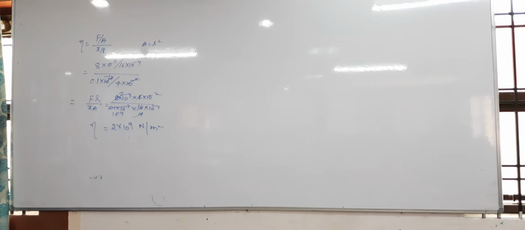Of 2 into 10 power 7 dyne per centimeter square, and of side 8 centimeters.